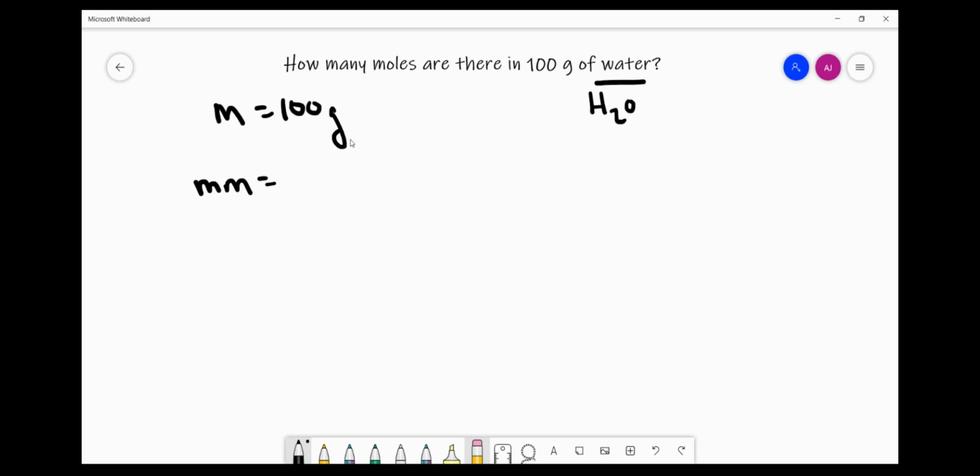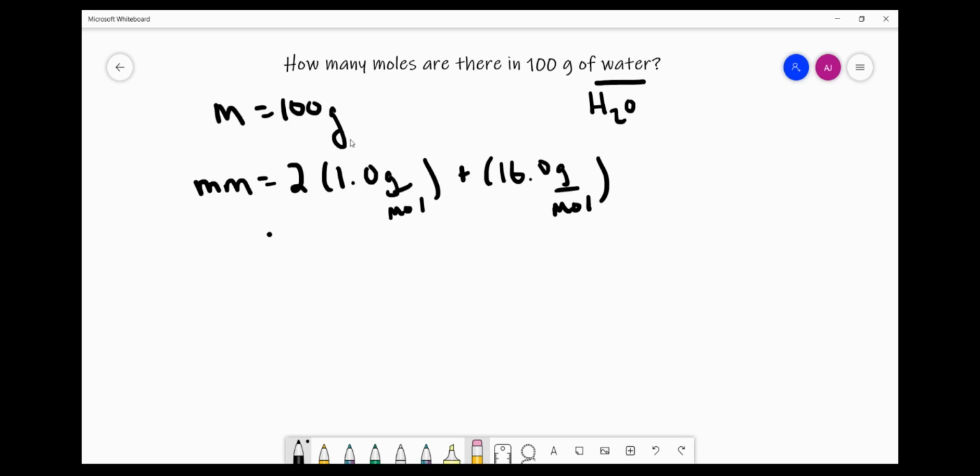So in water, there are 2 hydrogens, each with a molar mass of 1.0 grams per mole, and I'm getting that off the periodic table. And 1 oxygen atom with a molar mass of 16.0 grams per mole. So the molar mass of water is 18.0 grams per mole.